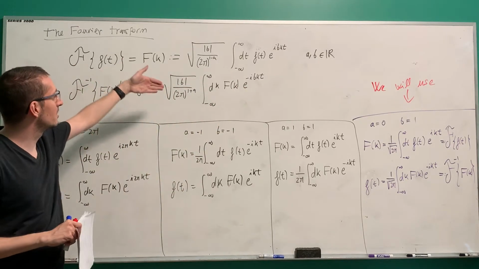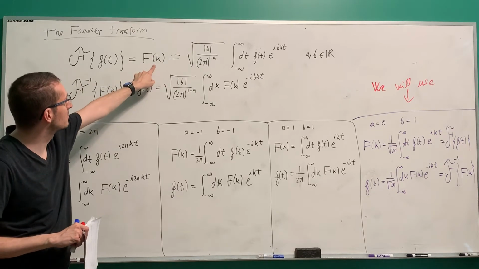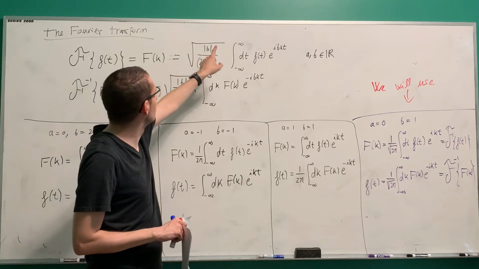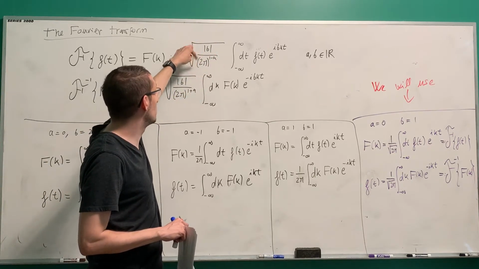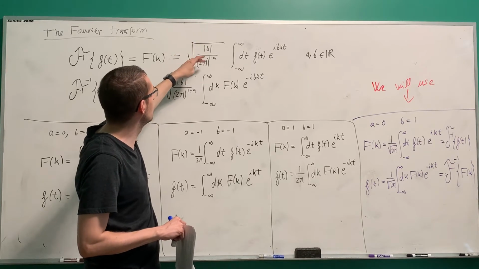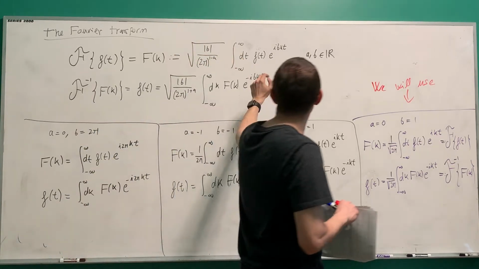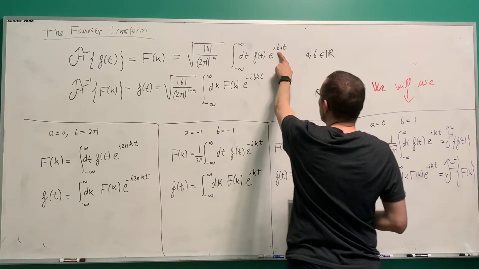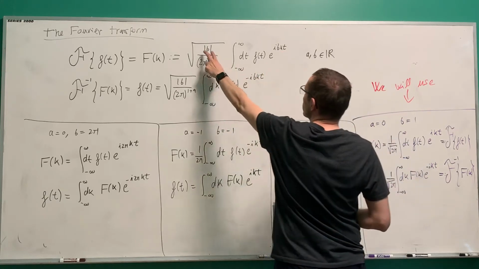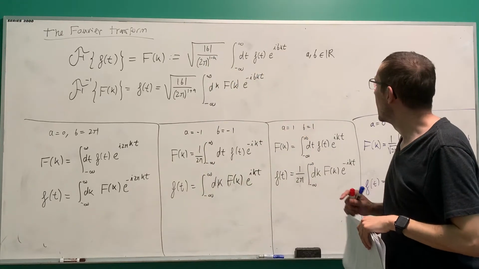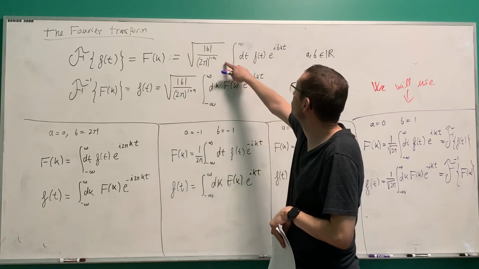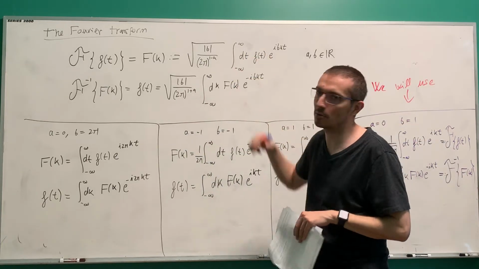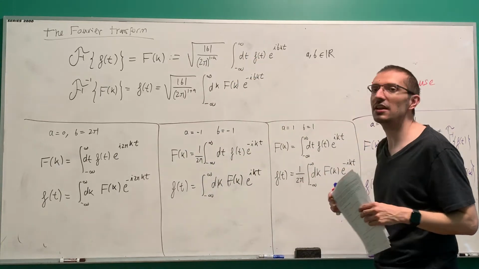The general definition is that the Fourier transform of f(t), which we will call capital F of k, is the square root of the modulus of b divided by (2 pi) to the 1 minus a, and then the integral from minus infinity to infinity dt, f of t e to the i b k t. This b here is what multiplies the k, and it's also outside in a square root. And the inverse Fourier transform corresponding to this one, if you make this choice, would be this way. This covers all the possible conventions, and a and b could be any real numbers.